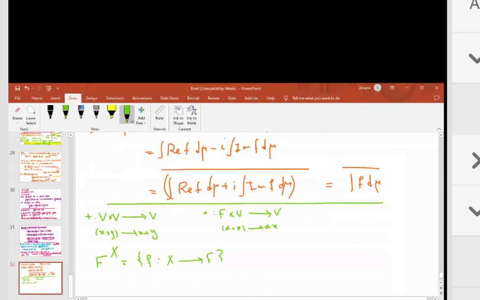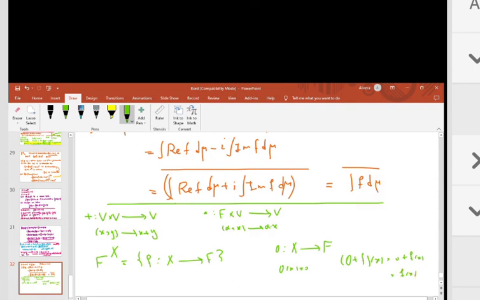If we consider 0 from X to F, by this definition 0 of any x equals 0, then this is equal to this for any x: 0 plus f of x, and this is equal to f of x.